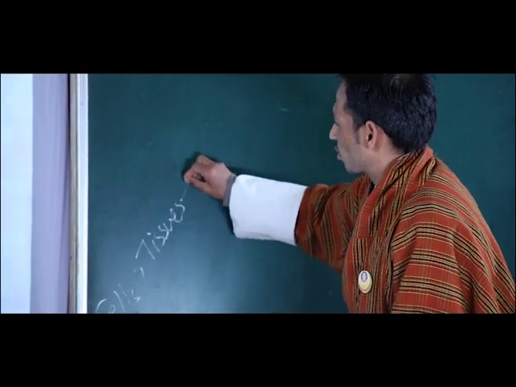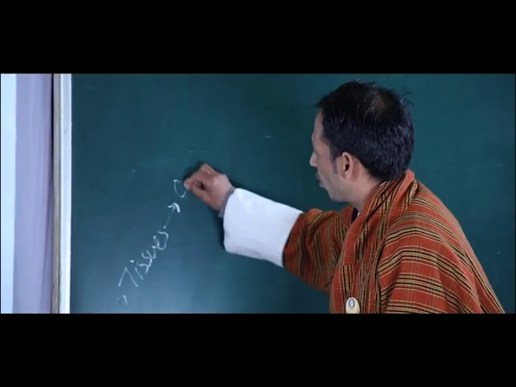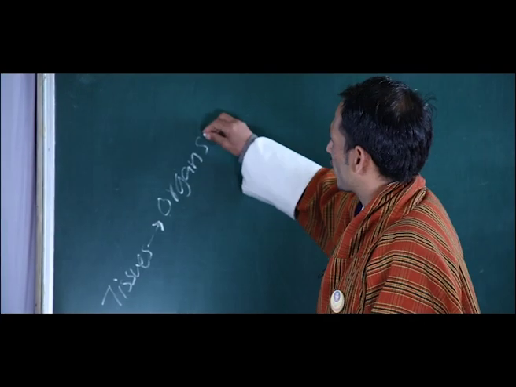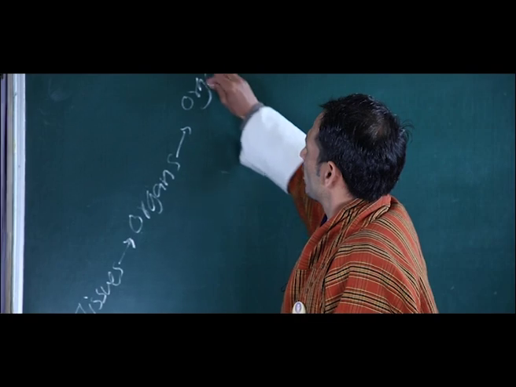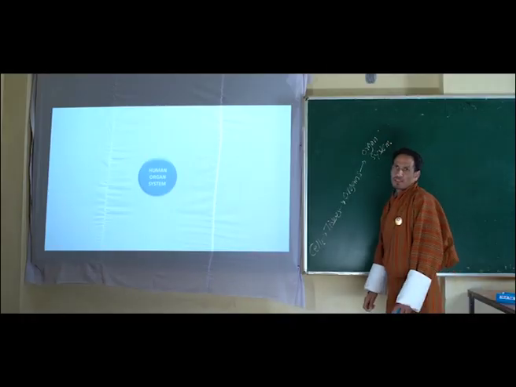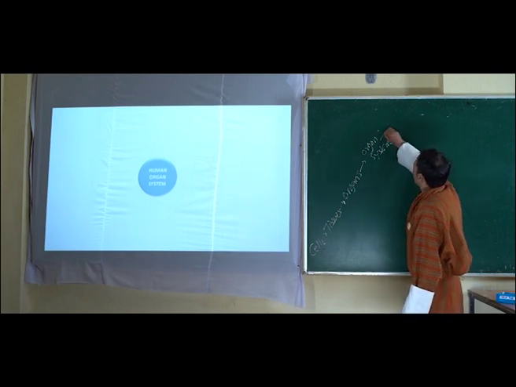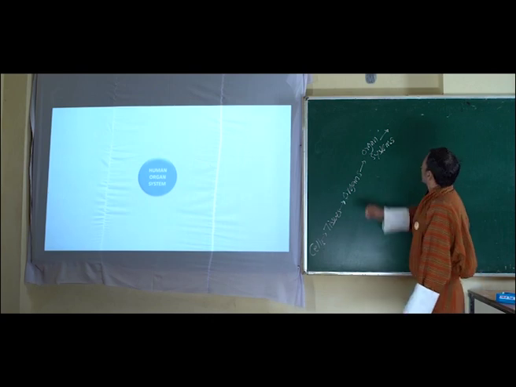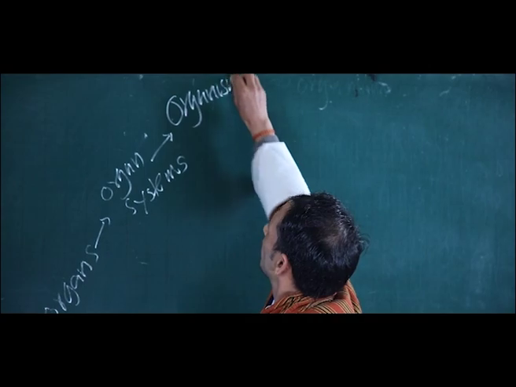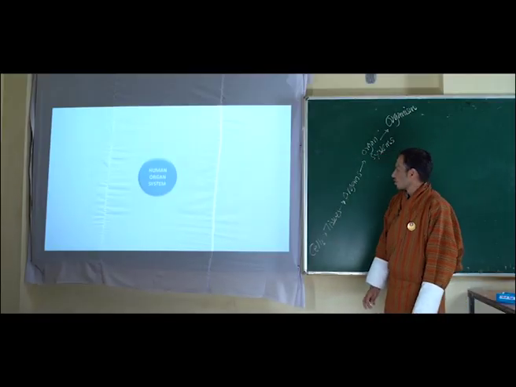A group of tissues work together to carry out a specific function to form an organ, and a group of organs work together to form an organ system, and the 10 organ systems, when they combine and work together, form an organism. This is the organization in living beings, including human beings.